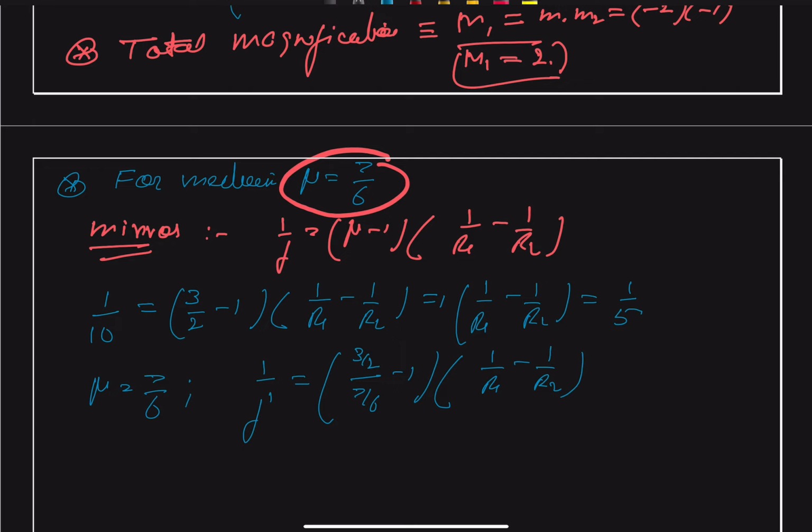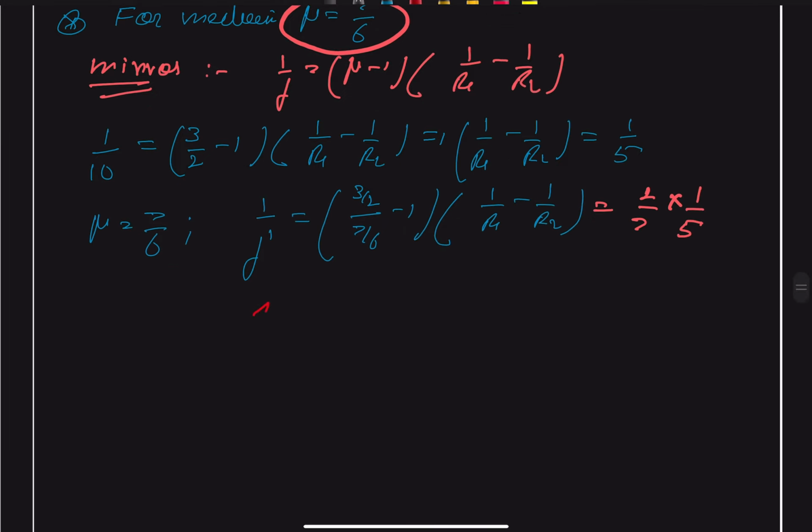And from here, 1 upon r1 minus 1 upon r2 we just found out is 1 upon 5. So this comes as 2 upon 7 multiplied by 1/5. So we get that our f prime is equal to 35/2.